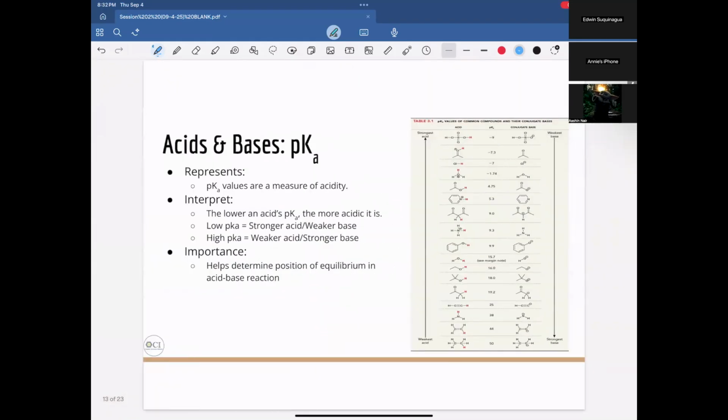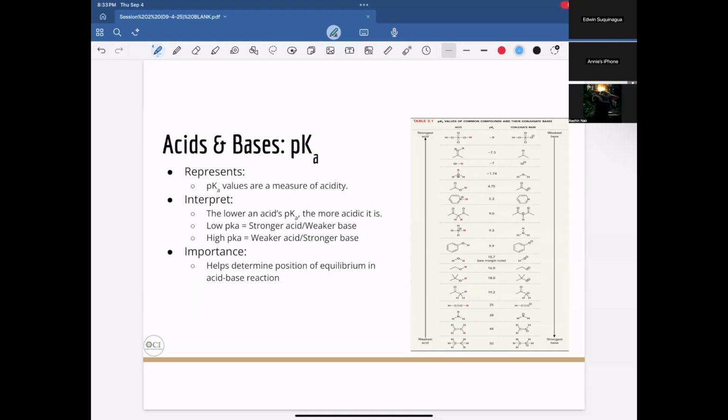Okay. Another thing that we need to know when we're looking at acids and bases is their pKa. pKa is a value that measures how acidic something is. It sort of measures a willingness to give up a proton. You're typically going to see these charts when you're dealing with pKa's. And the lower an acid's pKa, the more acidic it is. Luckily, on this little table here, we have little arrows with strongest acid and strongest base on it, so you can keep track of which one is which.